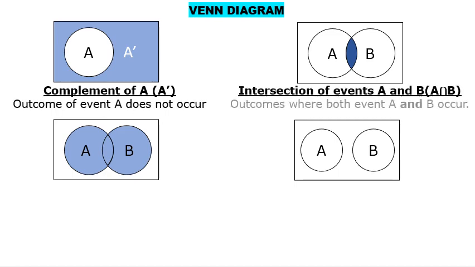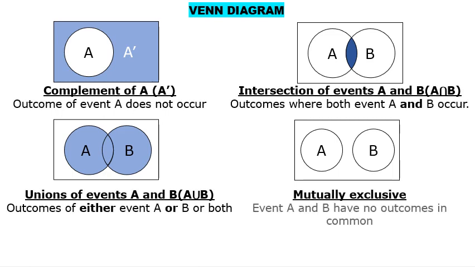Next, Venn diagram. So Venn diagram provides an easy and useful method for picturing the relationship that exists among events.